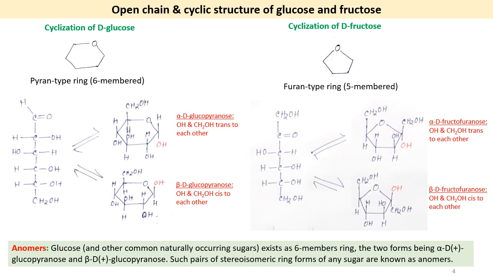So, in case of glucose, alpha D glucopyranose and beta D glucopyranose are anomers of each other. We sometimes also call it alpha anomer and beta anomer when we are particularly discussing glucose, right, or any other sugar.